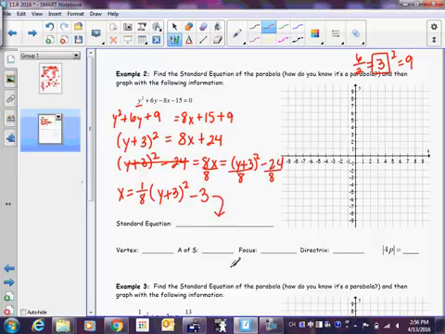I'm not going to rewrite that. Okay, so this is definitely horizontal. And since this is positive 1/8, this is going to open right. So in the end, I know my parabola should open up to the right. Okay, I want you to write the vertex down on your own. See if you can figure it out.